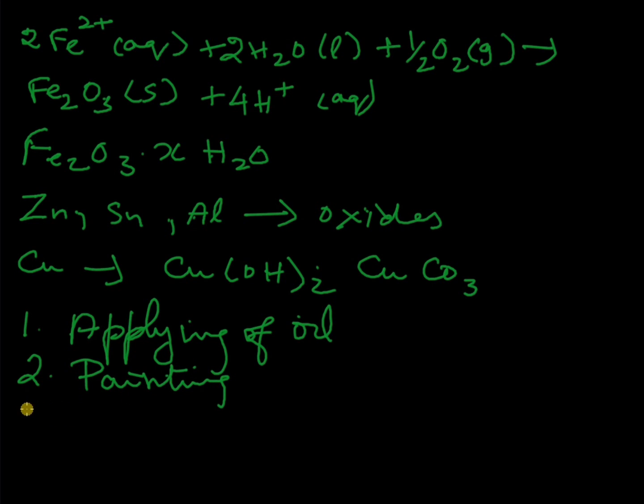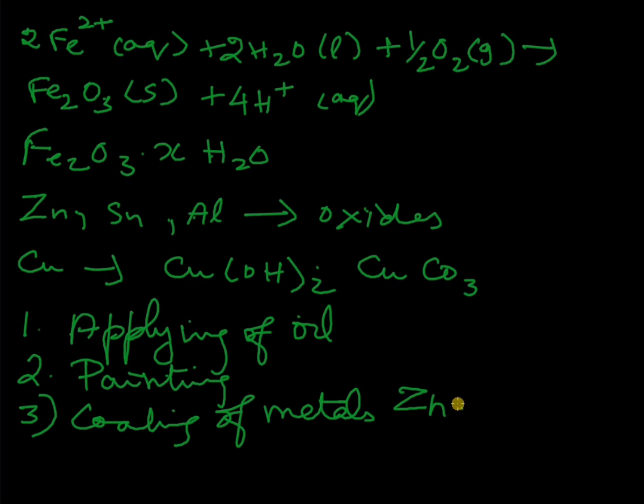Thirdly, we can say coating of metals like zinc and tin. In the case of coating of zinc, it is called galvanization. You can use tin also for coating. And finally, we can say the sacrificial anode.